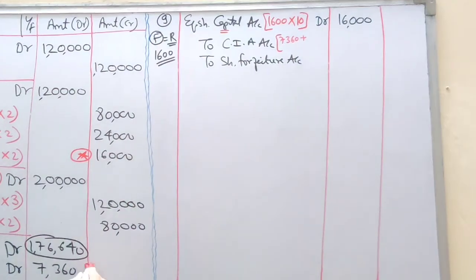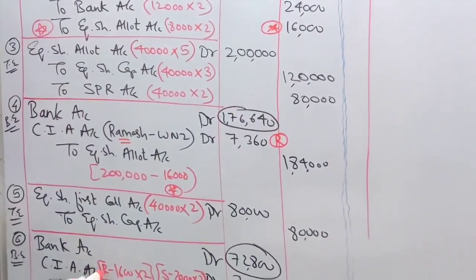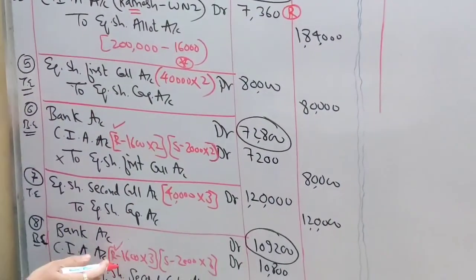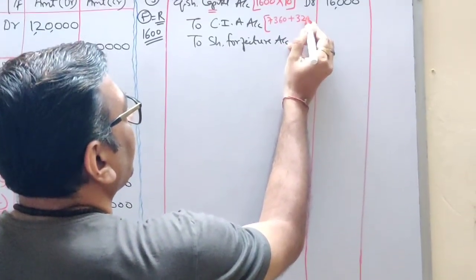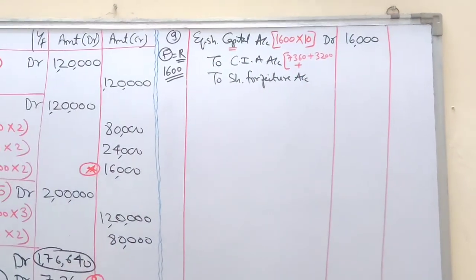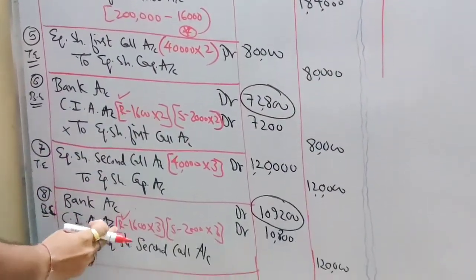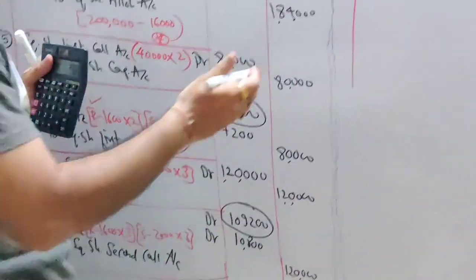I am writing R for your reference. Then one more arrear. See here, Ramesh. So this is 1600 into 2, that is 3200. Plus one more arrear of Ramesh. And in the third place, 1600 into 3, it was 4800.